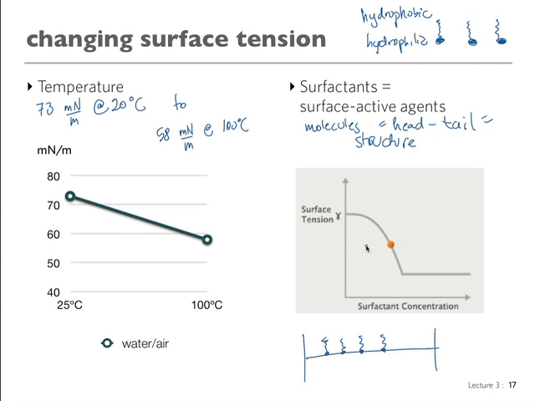As you add more and more surfactant, the surface tension is reduced up to a point of saturation where the molecules start to fall equally into the bulk of the liquid in every direction, and then you don't see any additional change in surface tension. So they saturate. They reduce the surface tension as you add little by little, and then it saturates.